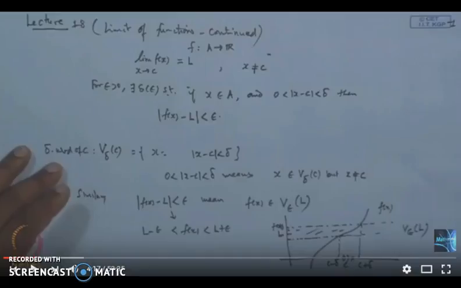From the picture itself, we can see that the functional value would lie in a narrow slit around L, which you can call the epsilon neighborhood of L, whenever x lies in the delta slit, the delta neighborhood of C.